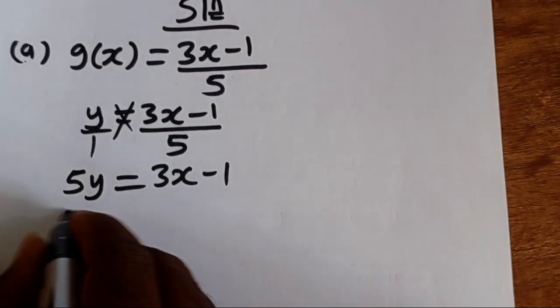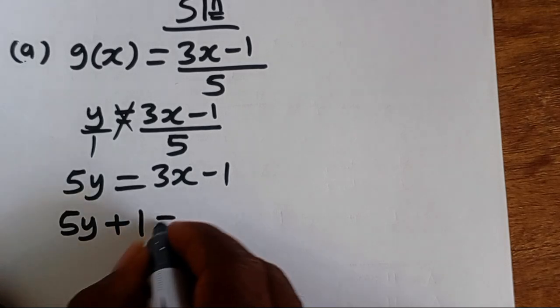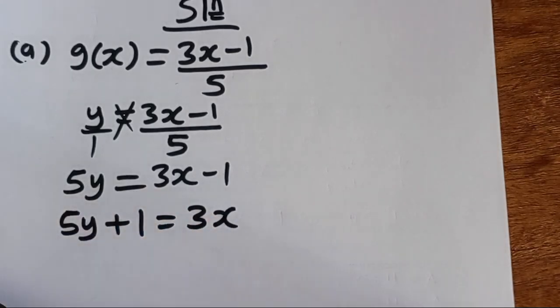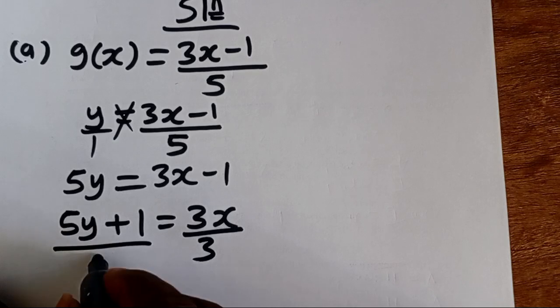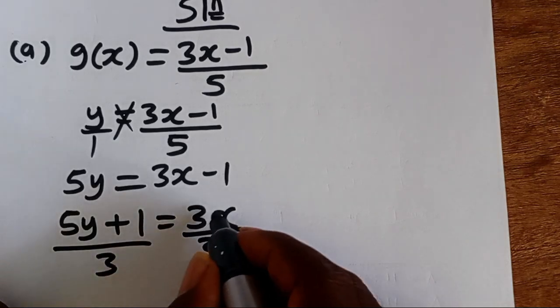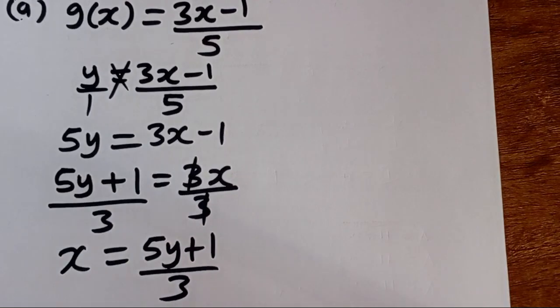So it will be 5y plus 1 equals 3x. Our interest is to make x the subject of the formula, so I'll divide throughout with 3. So 3 and 3 go. I remain with x equals 5y plus 1 over 3. So that is x, the subject of the formula.